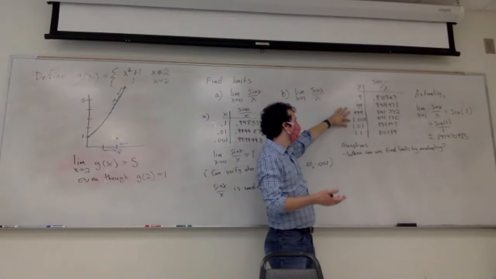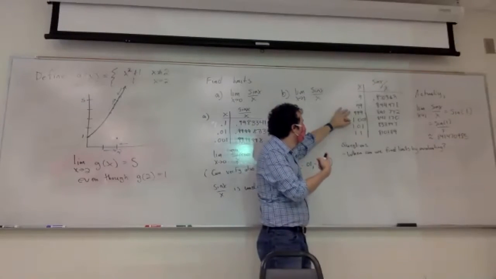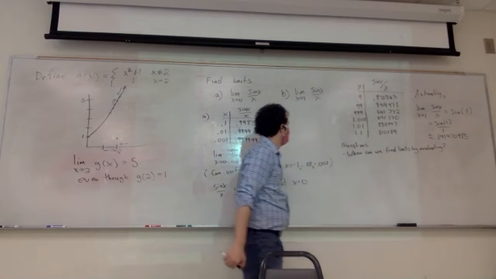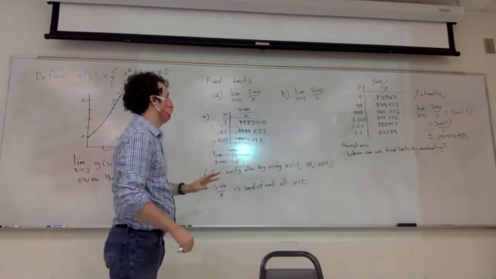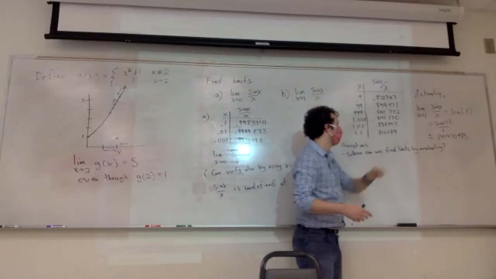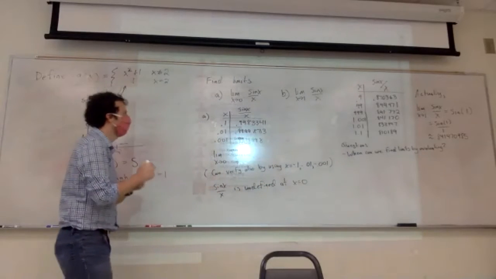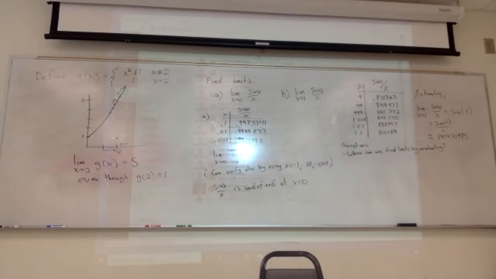And after the table, we still didn't have a good idea of what the number was. So that's one question, that if we can identify when we just evaluate to find limits, that makes everything a lot easier, because evaluating functions is something you've been doing for a while.